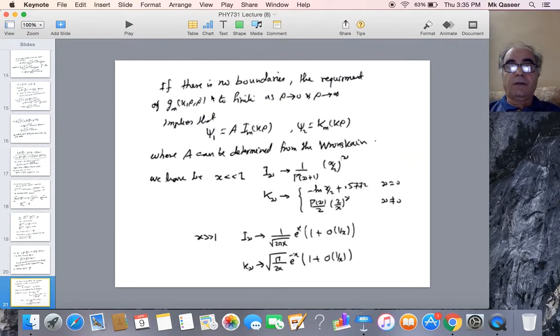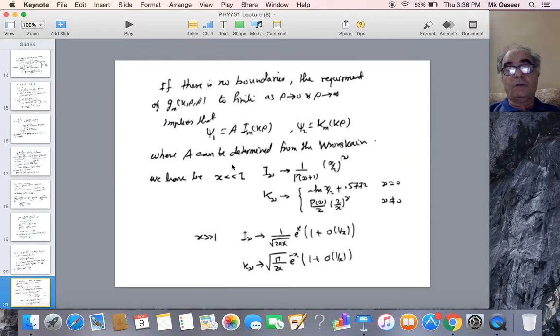Now to get an idea, let's take rho equal to 0 and rho equal to infinity for G sub m of k rho prime. In this case, psi1 reduces to this form, I_m(k rho) times a constant. Psi2 is K_m(k rho). Psi2 reduces to this form. Now A can be determined from the Wronskian.